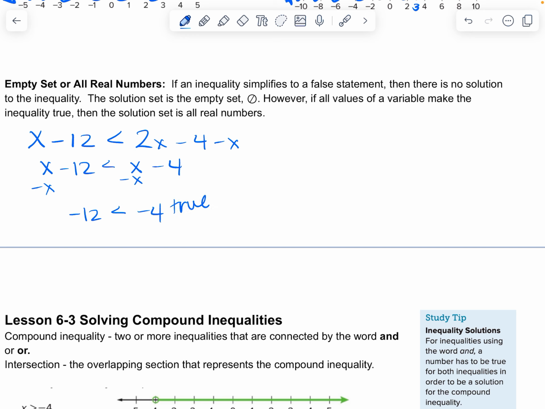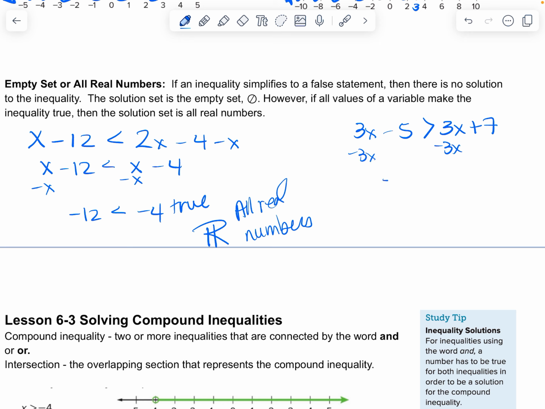This is a true statement, so that means this is all real numbers. If I instead had 3x minus 5 is greater than 3x plus 7, subtract those 3x's, and my answer is negative 5 is greater than 7. That is not true. This is a false statement. So it is the empty set or no solution.